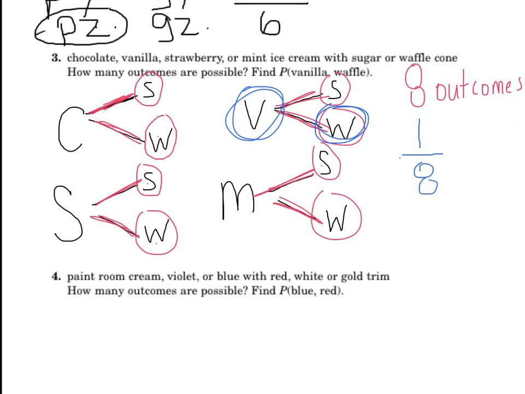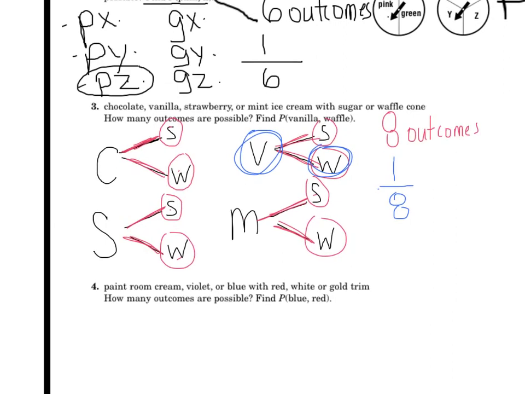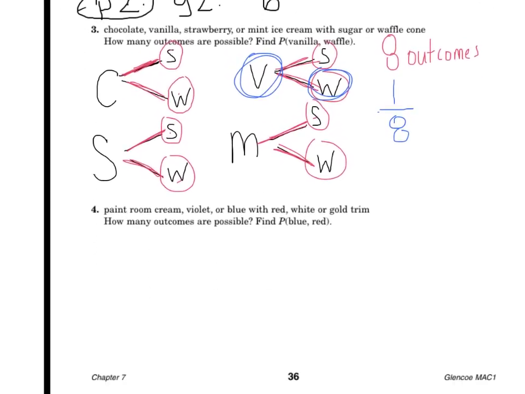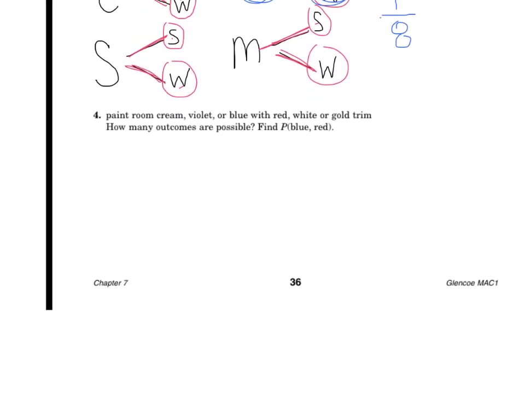Okay? And then number 4, we've got to do a tree diagram for that also. We did not do a tree diagram on number 2, but we'll do one on number 4. Paint a room cream, violet, or blue with red, white, or gold trim. How many outcomes are possible?